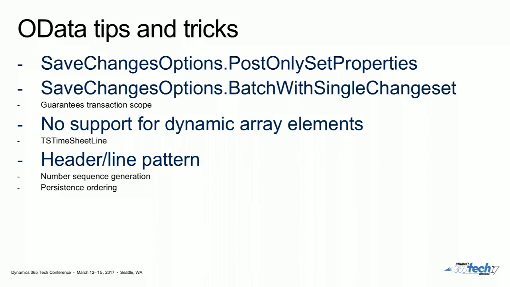And you can use this property to also combine, for example, if you are creating hundreds of records at the same time, and you have a business scenario where even if one of the records fails, you have to undo the entire thing.